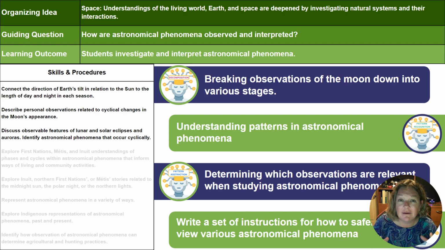Asking them to think about what are all those components of the safety steps and what order do they need to be in to make sense and to meet the end goal of keeping yourself safe when you're viewing these astronomical phenomena. That is computer science, computational thinking. We're going to be doing some algorithm design in there, and that's going to help students get a deeper understanding of the computer science concepts and make some of those transfer connections as well.